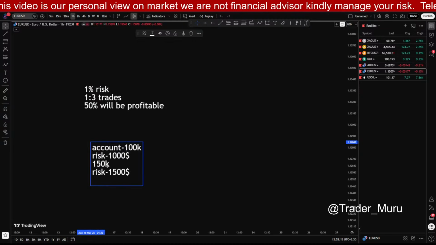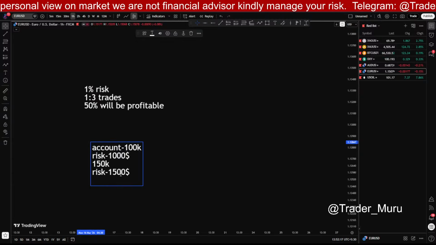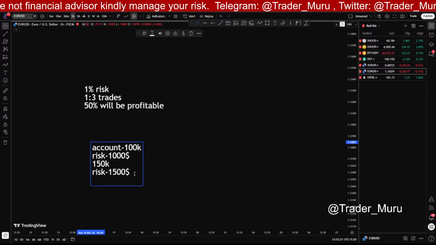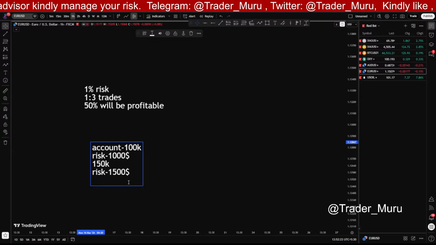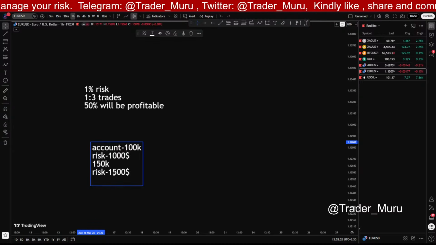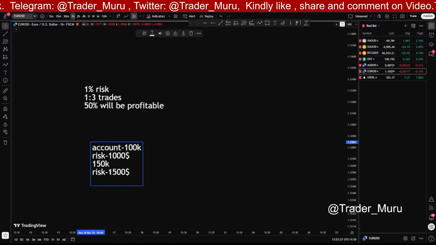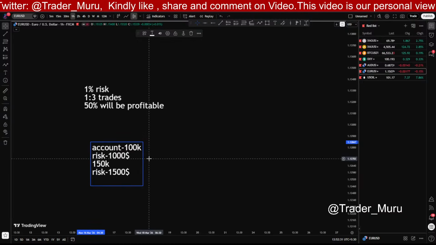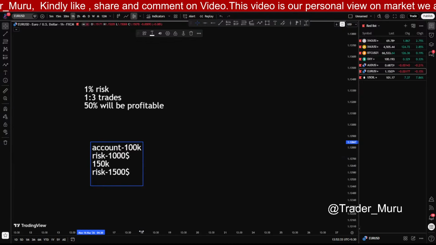If your account grows, your risk also grows and your profit will also grow. This is how compounding works. And trust me guys, you just need 100 to 200 trades to make a six-figure account from $2,000 or $5,000.